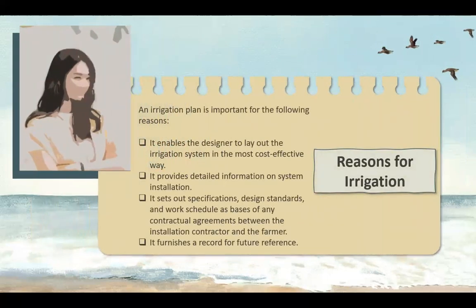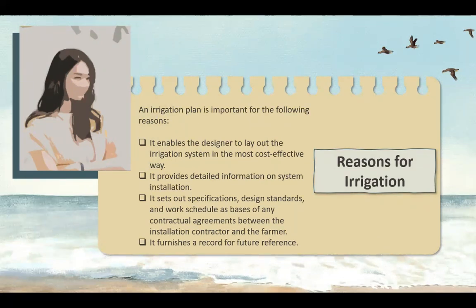Reasons for irrigation plan. An irrigation plan is important for the following reasons. Number one, it enables the designer to lay out the irrigation system in the most cost-effective way. A material list and the anticipated project costs are generated and evaluated respectively.